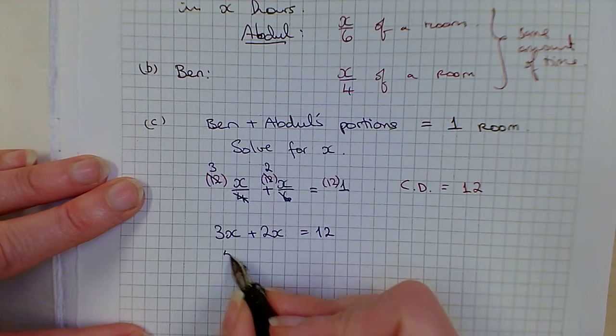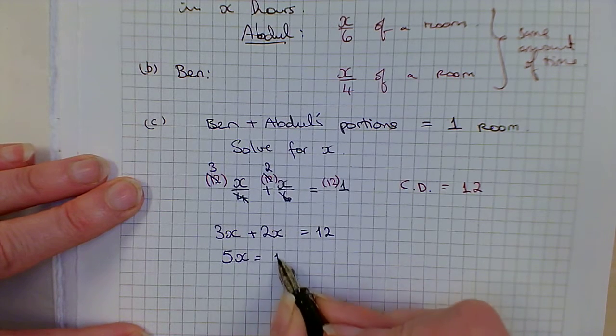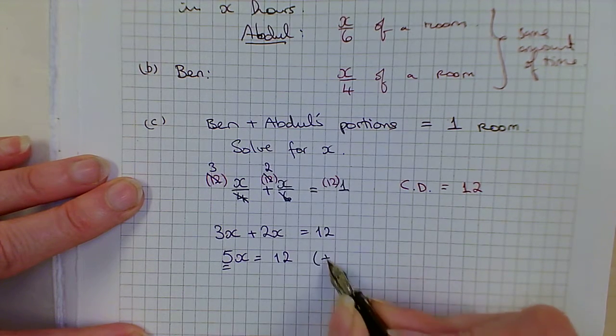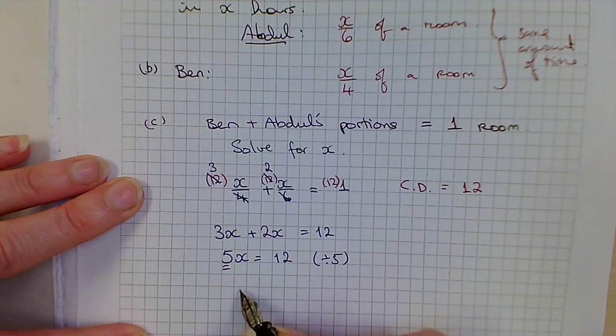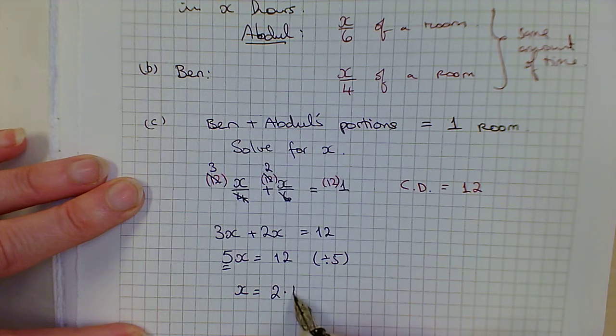And so 5x is equal to 12, and we divide across by 5, and we get that x is equal to 12 divided by 5, 2.4 hours.